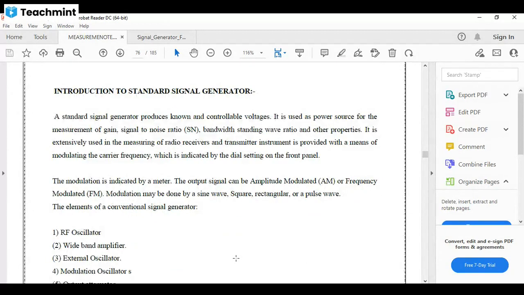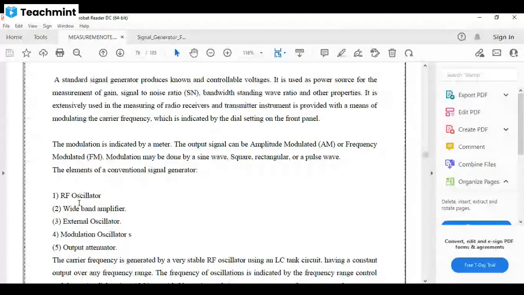These are the conventional elements of the signal generator: number one is the RF oscillator, number two is the wide band amplifier, external oscillator, and modulation oscillator, and the last one is the output attenuator.